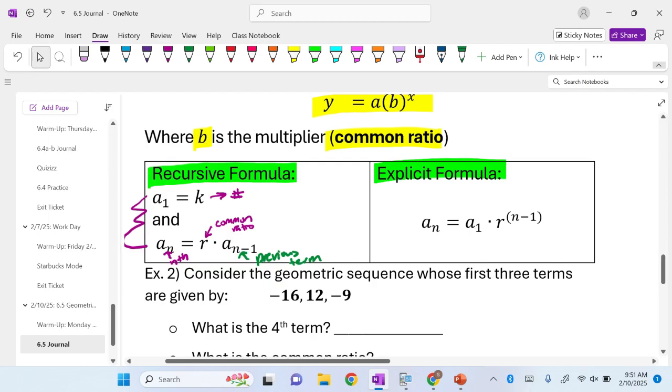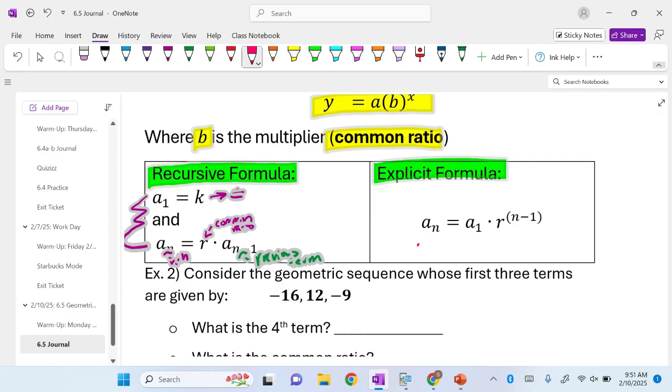On the other hand, there's our explicit formula, which just states that a of n, or our nth term, is equal to a of 1, which is our first term, times our common ratio raised to the power of n minus 1.